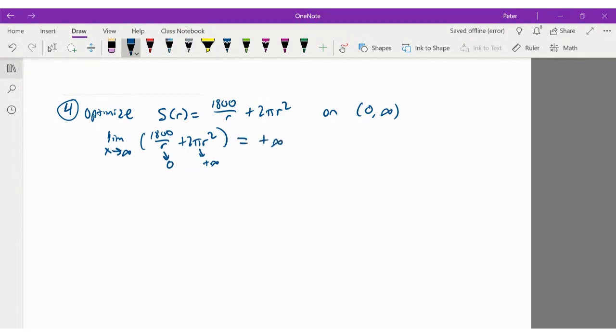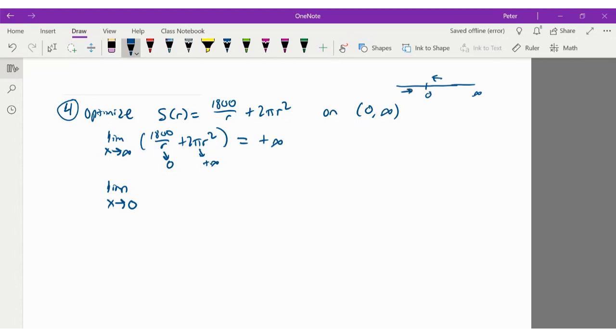It's also the case that if I look at it on the other side, as r approaches 0, I've got to be a little careful, because on the number line, I'm going from 0 out to infinity. So I'm actually considering only from the right what happens as I approach 0. I'm not interested in the left, because that's not part of the domain.